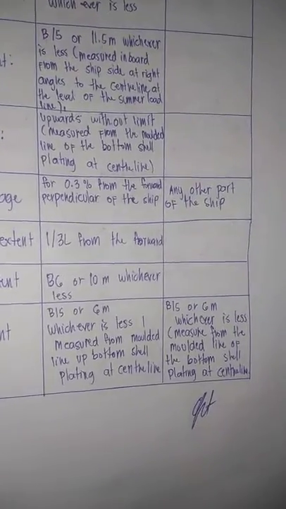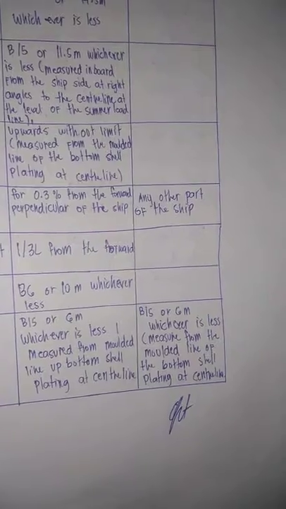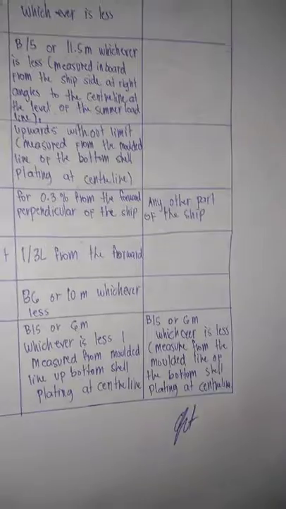And the same for the side: B/5 or 6 m, whichever is less, measured from the moulded line of the bottom shell plating at the centerline.